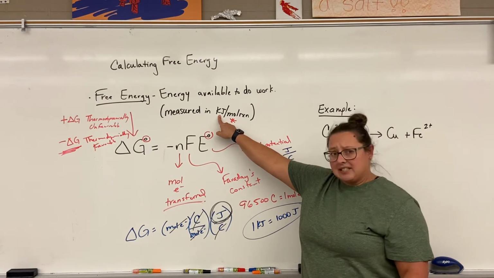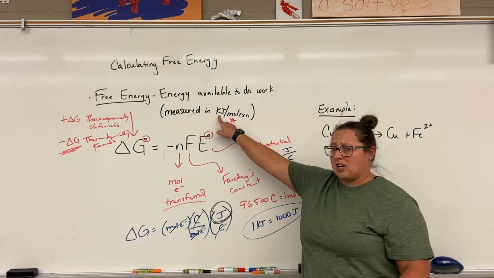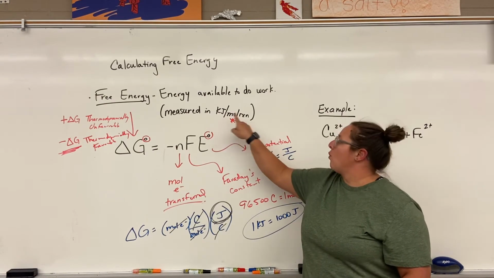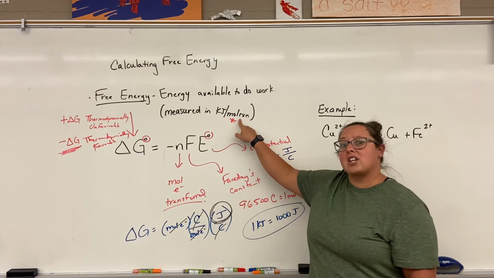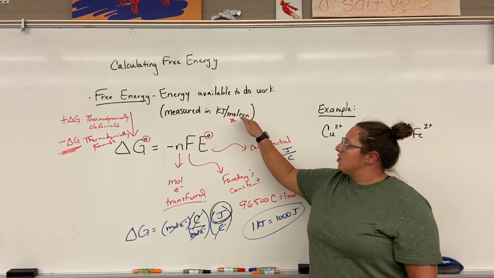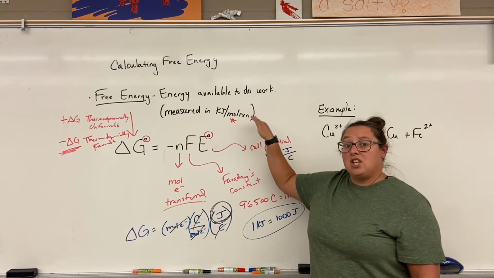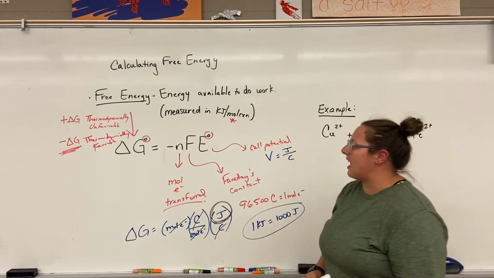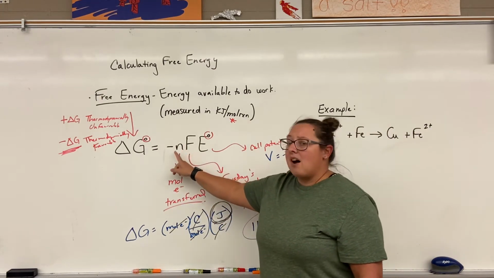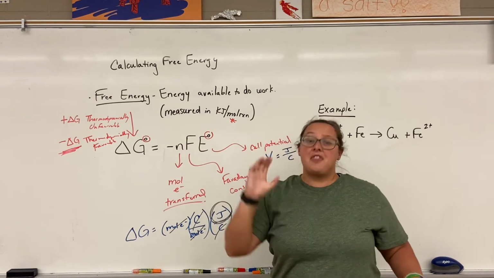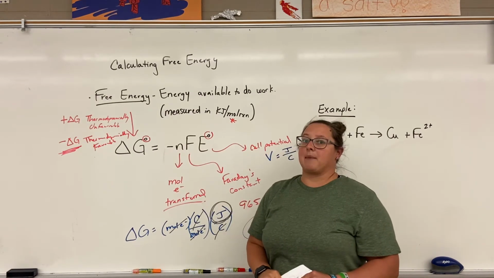Well, now I still haven't answered the total question. I know kind of where this is coming from, but where is this per mole of reaction coming from? This is put onto the end of the unit after we've converted to kilojoules, because that is telling us how much energy we get for just one instance of the reaction happening.